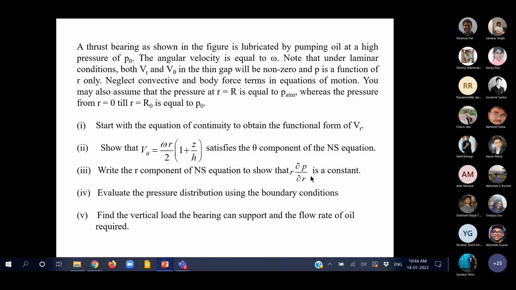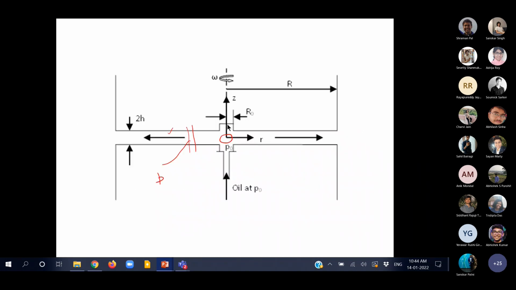Once the pressure distribution is known, the vertical load is simply the gauge pressure multiplied by the strip of area on which it is working, integrated between the two known values of R and R naught, plus the load due to the small area over here. So this is a very solid example of the use of the Navier-Stokes equation.